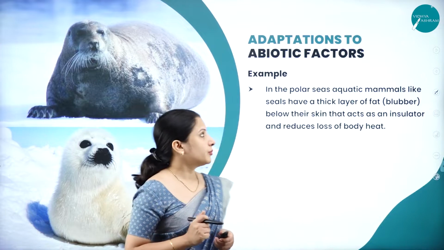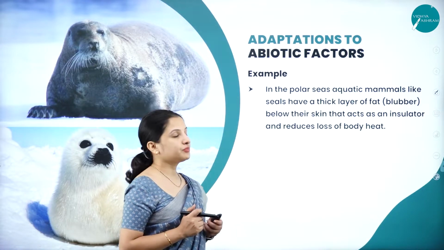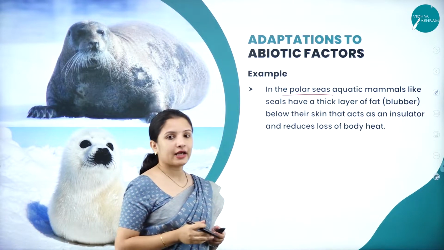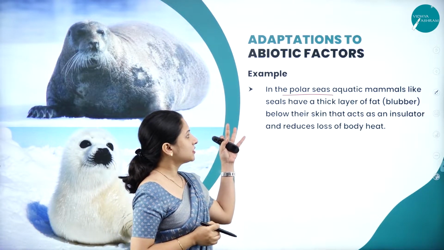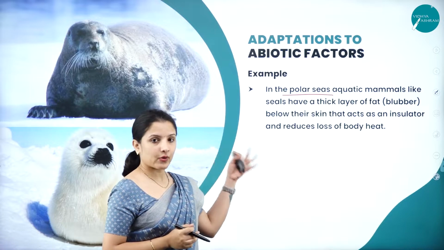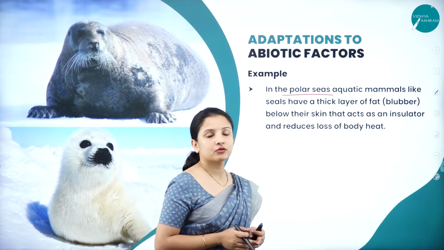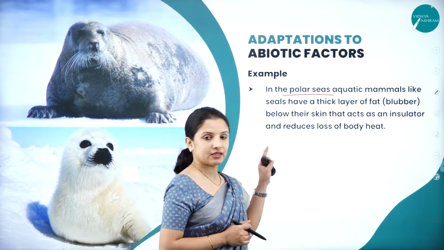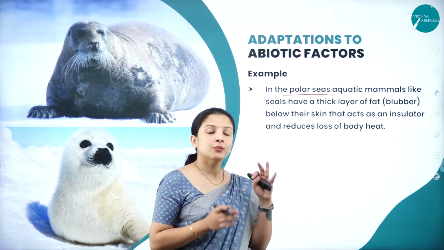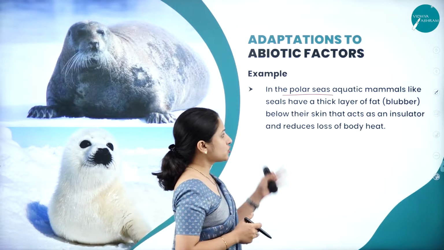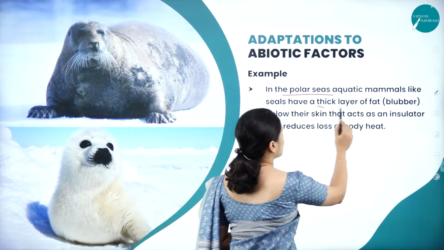So next, talking about one more example, the polar seals. Polar seals are aquatic mammals. They just look like seals, but the only difference is that because they are living in the polar region, which is completely laden with snow, they usually have a thick layer of fat.